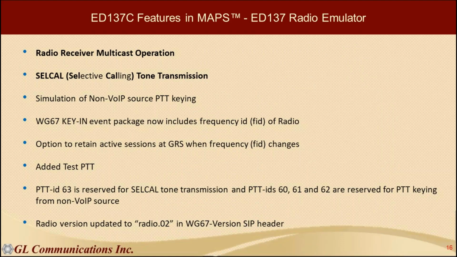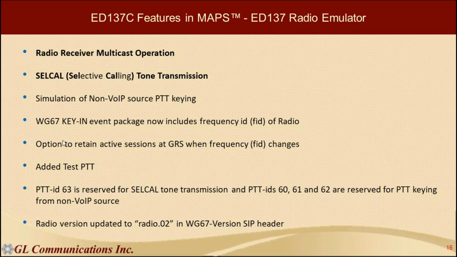The next slide shows the different ED137C features supported in this emulator. Basically, the important ones are the radio receiver multicast operation, and the other one is call tone transmission. Apart from that, there are some minor features, and they have also introduced the test PTT type here.